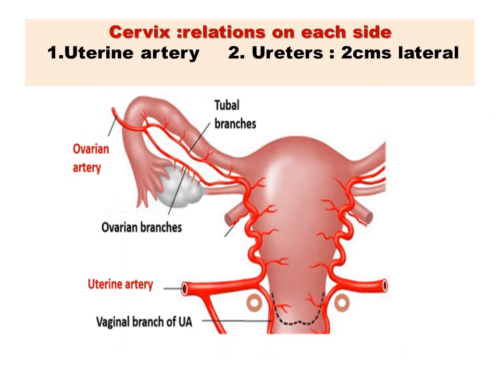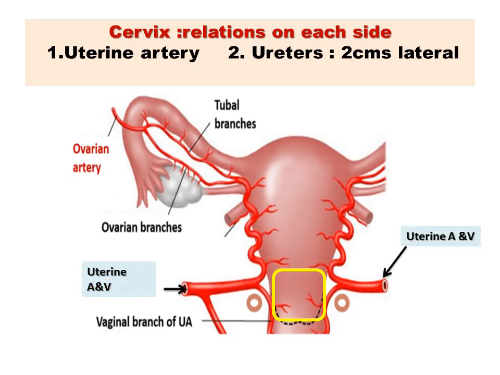Laterally, it's related to the uterine vessels, the artery and the vein, and the right and left ureters.